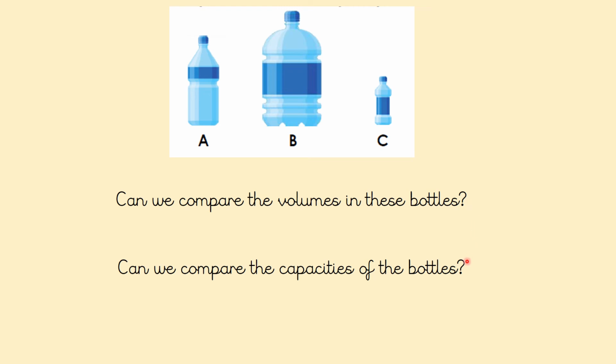Second of all, can we compare the capacities of the bottles? So remember, volume is how much liquid is in there right now, and capacity is how much liquid can go in there when it's full to the top. Pause the video here and have a chat to your partner about these two questions.